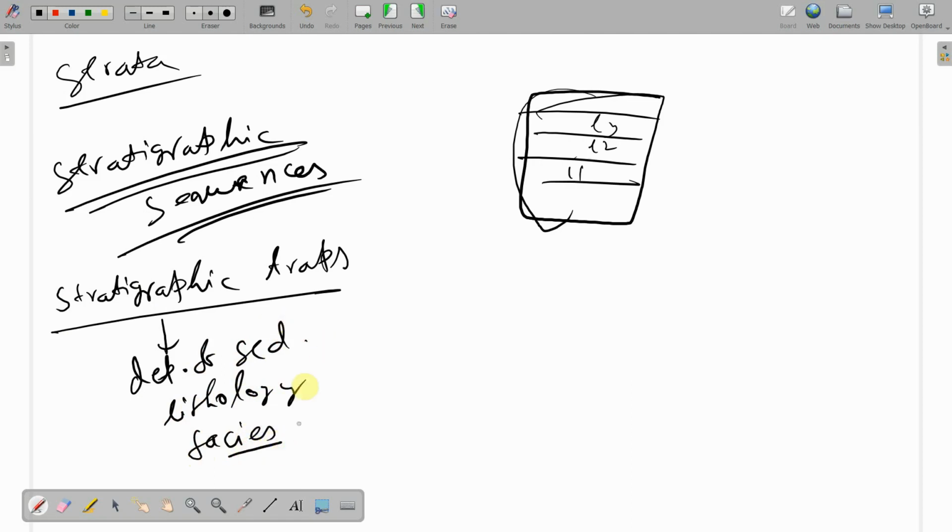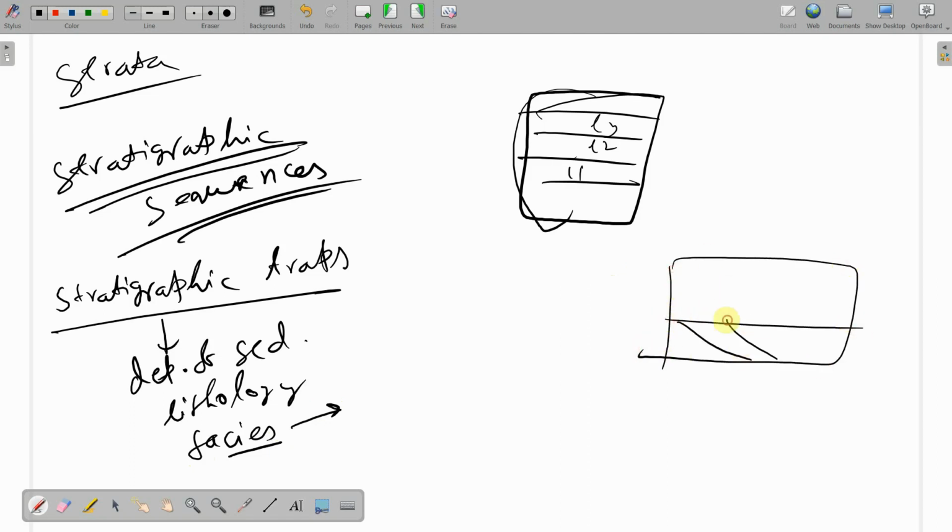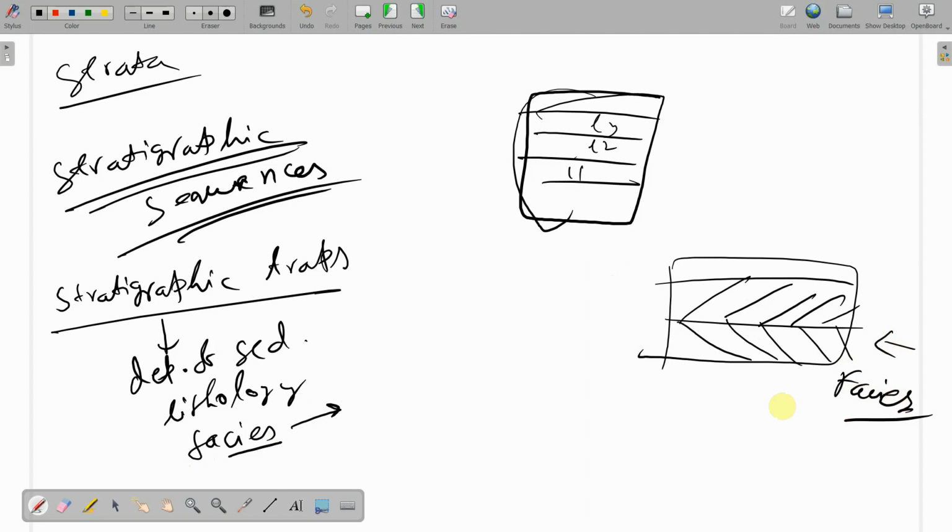Rock facies, facies means the appearance of any rock layer. Sometimes in the sedimentary rock you will find, I have shown you some photograph, cross bedding is there like this. Okay, so this became a facies. The pattern you are seeing or the assemblages of rock patterns is called facies.